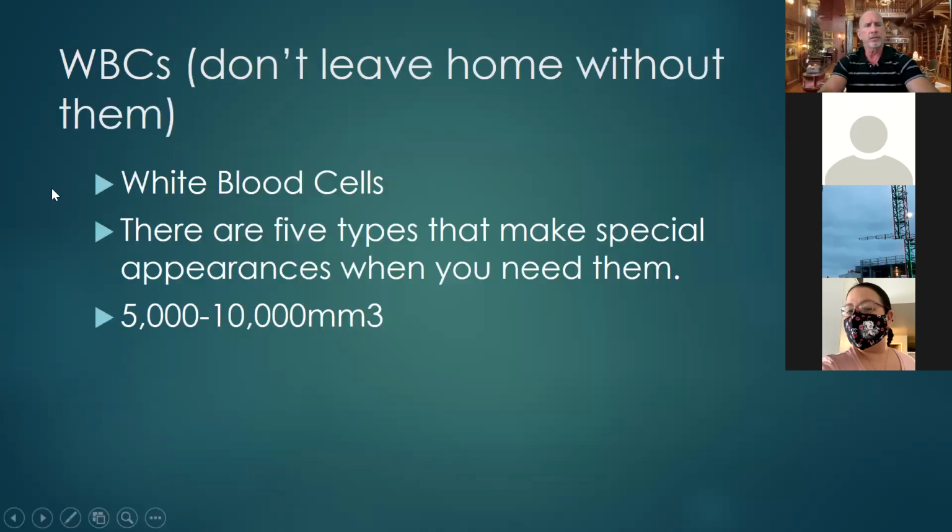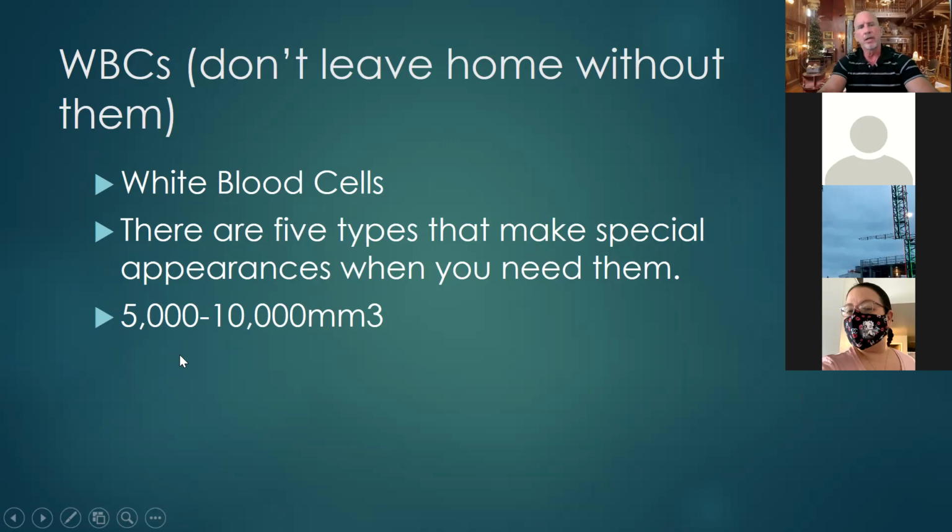White blood cells. I'm not sure if you've studied white blood cells yet or not. You will be; we'll beat you to death on white blood cells. Don't worry about that. There are 5 different types, but the important thing here is that 5,000 to 10,000 per cubic millimeter is the normal value.